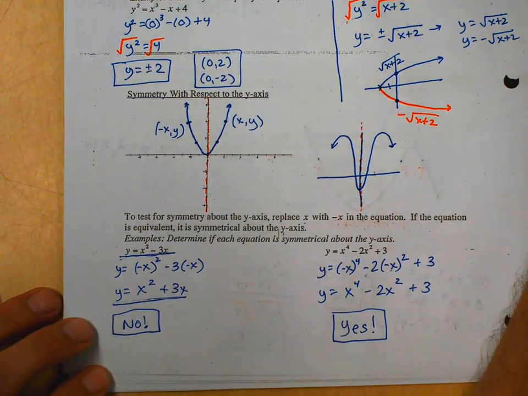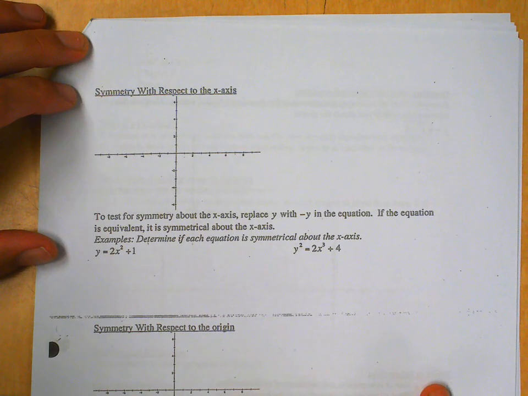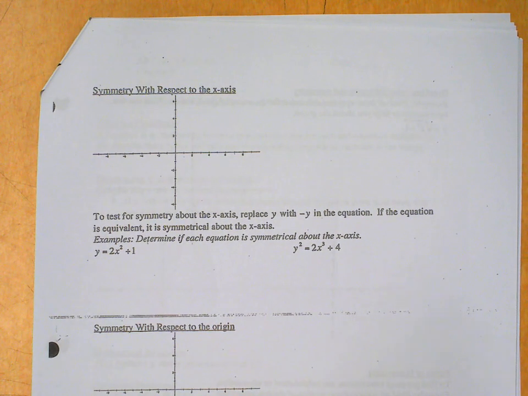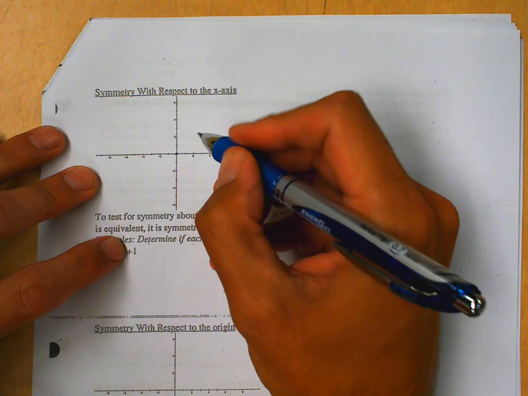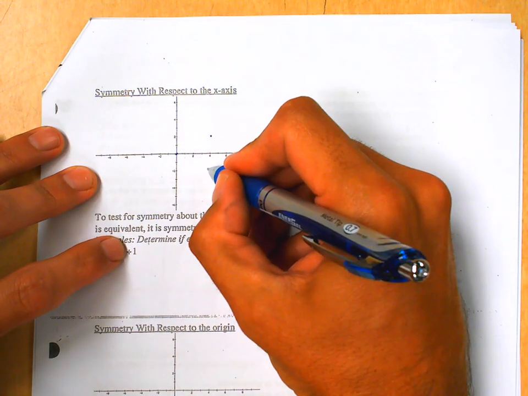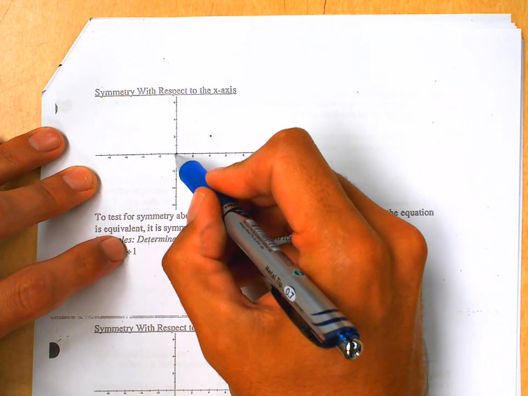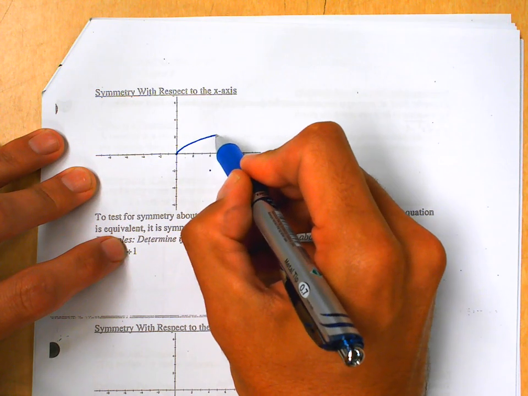All right, moving on. Now we're looking at symmetry with respect to the x-axis. And I actually drew a graph of something that was symmetric with respect to the x-axis earlier. And you'll see it looks familiar.